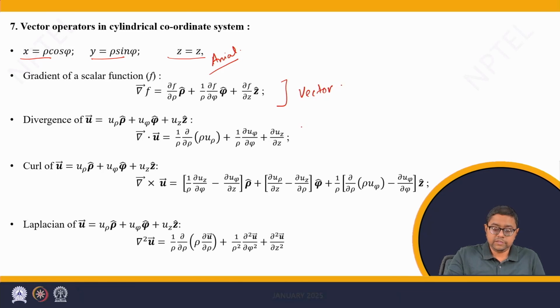Similarly, we have the divergence, curl, and the Laplacian operators of a vector expressed in cylindrical coordinate systems.